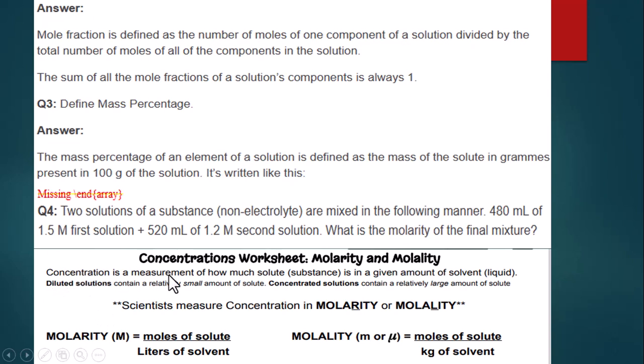Concentration is a measurement of how much solute, which is the substance, is given the amount of the solvent, the liquid. Because this is exactly what we do when we create a concentration. We just don't do this randomly.